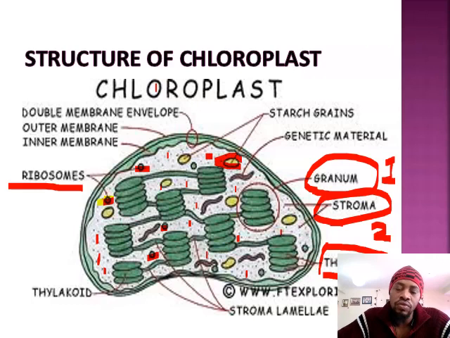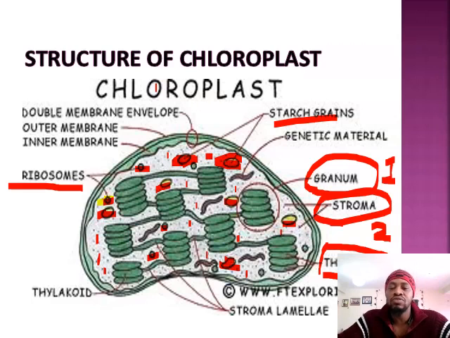That's why we have present inside the stroma, we have starch grains or starch granules that are all over here. It means these ones, photosynthesis has occurred, they have been formed already. They are ready to be packaged and transported through the phloem, where they will be taken to different plant parts to make the plant grow in height and in size, and in mass.